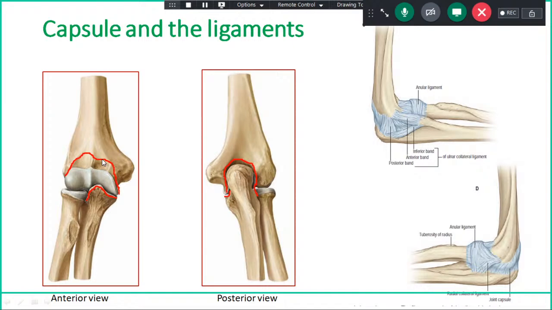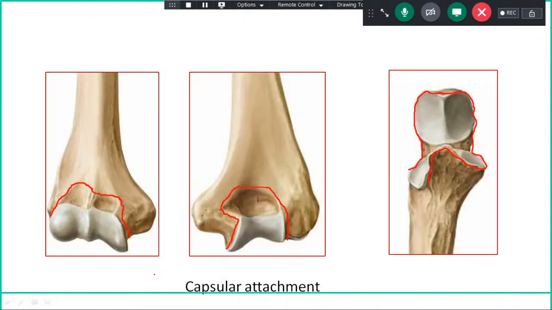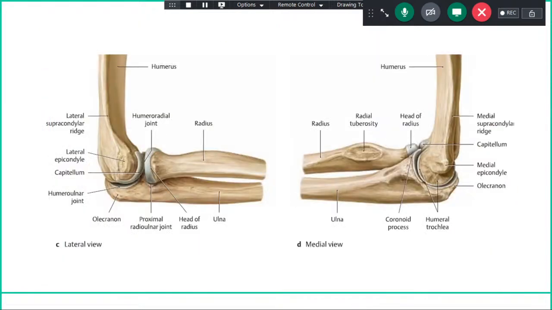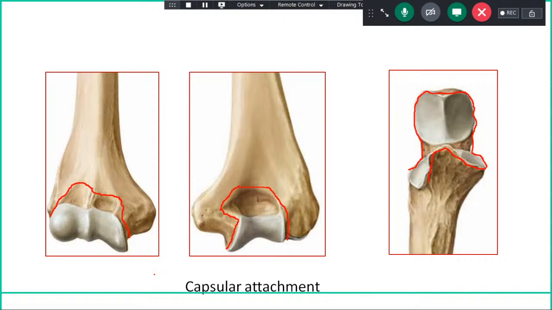I did not put the picture of that. So there is a pad of fat, an extra synovial pad of fat, which is present over in the olecranon fossa, the coronoid fossa and the radial fossa.